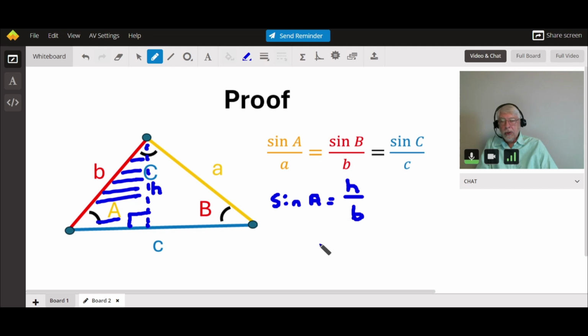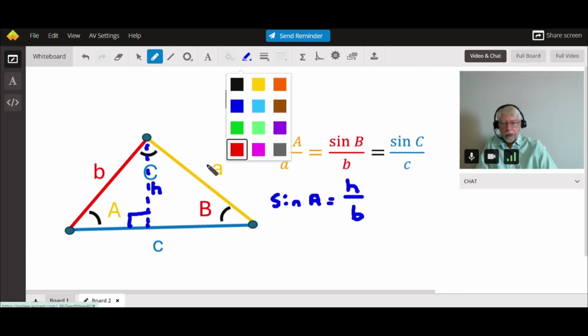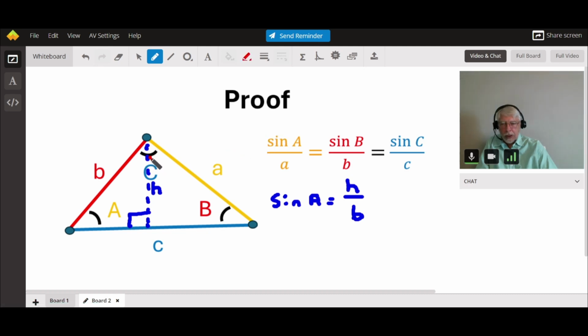Now pause the video and see if you can find another way to find the sine of a different angle. So if you looked at it, what we could work on is now this right triangle.